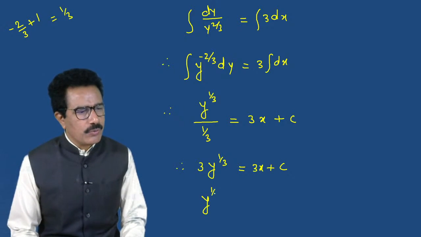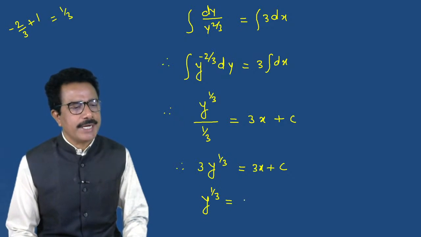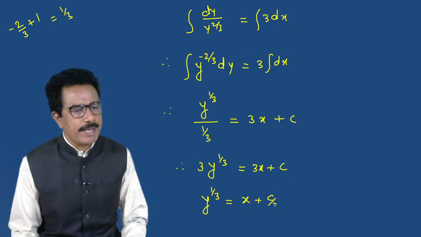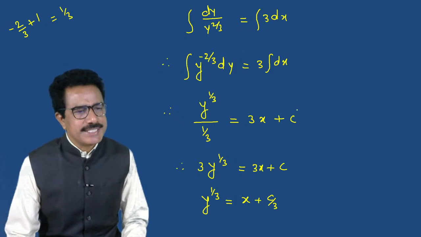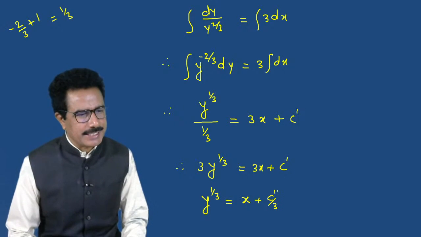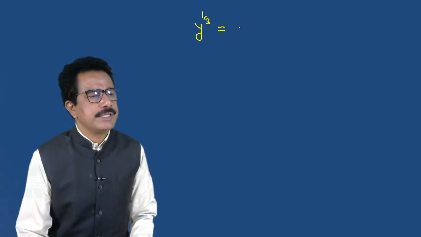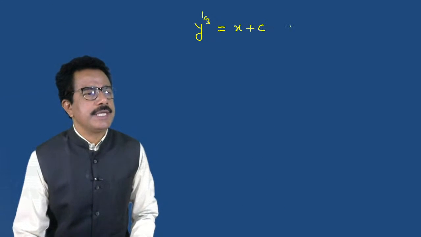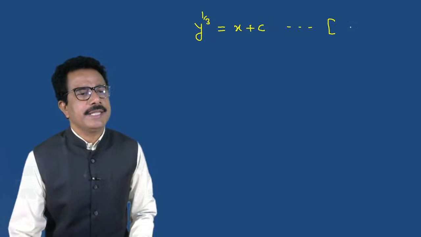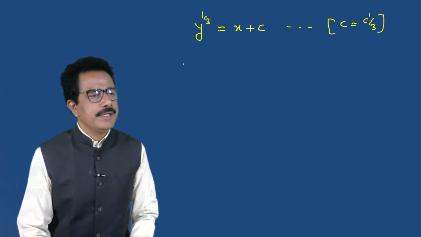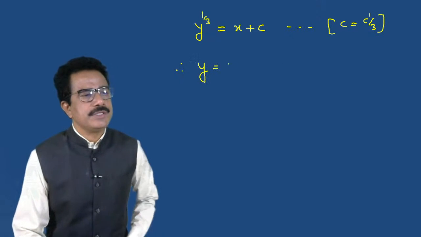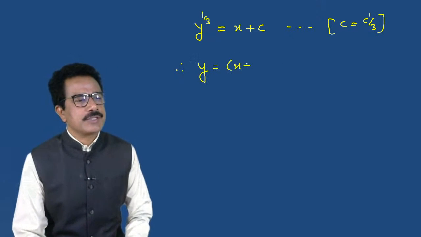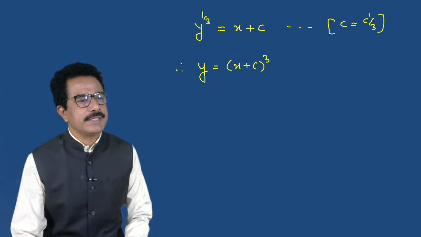Is it correct? So y raised to 1 by 3 equals, divide by 3, x plus c by 3, or we can write this as c dash, because we have to replace it. So y raised to 1 by 3 equals x plus c, where c equals c dash divided by 3. So we get the solution: taking the cube of both sides, y equals (x plus c) raised to 3.